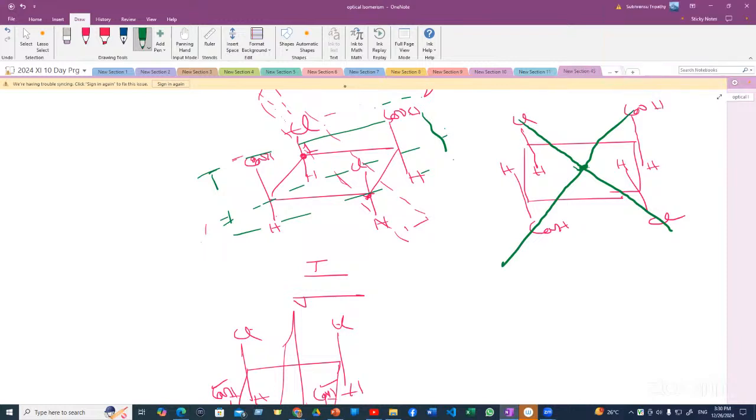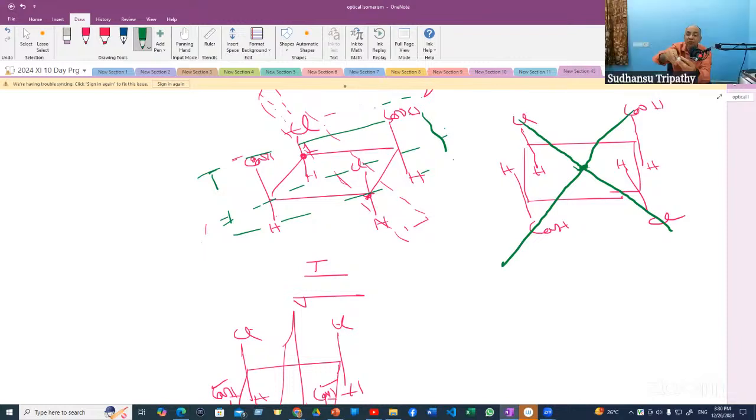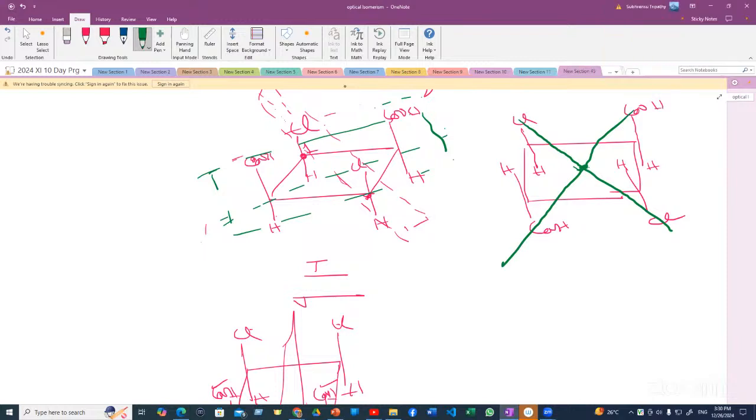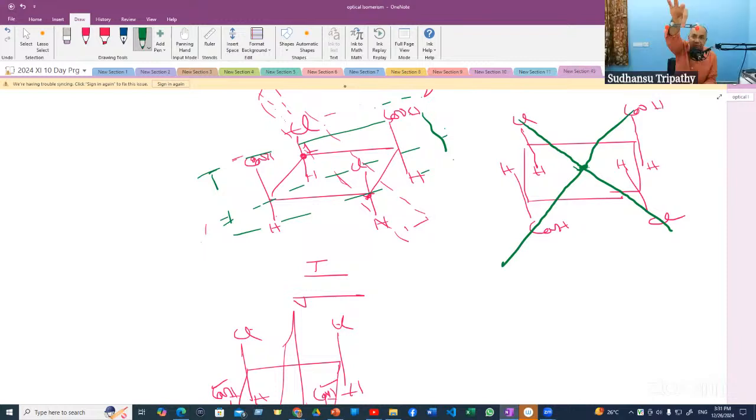Yes, sir. But if I make a switch and convert the trans into cis, does it have a center of symmetry? No, sir. For a center of symmetry, you have to draw straight lines, as many straight lines as you can.